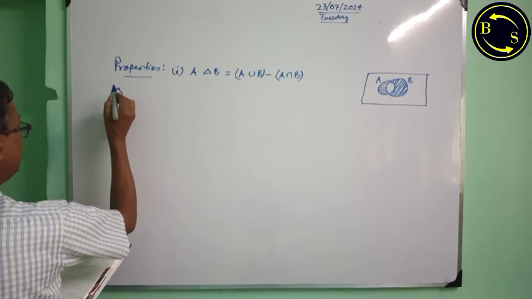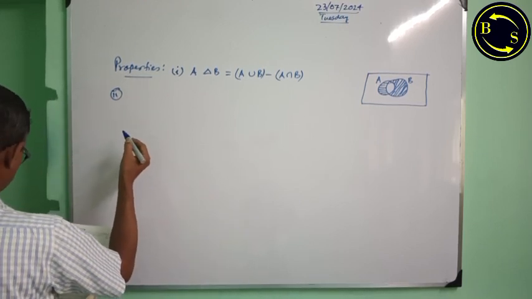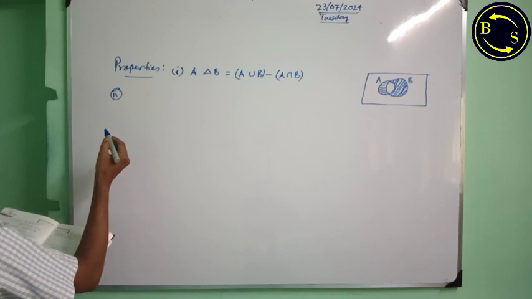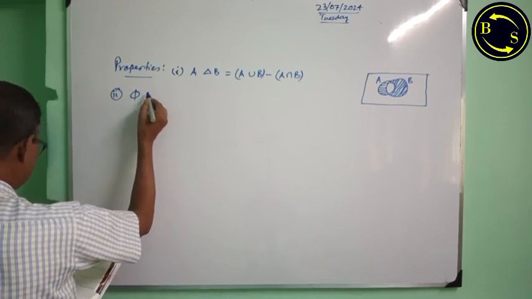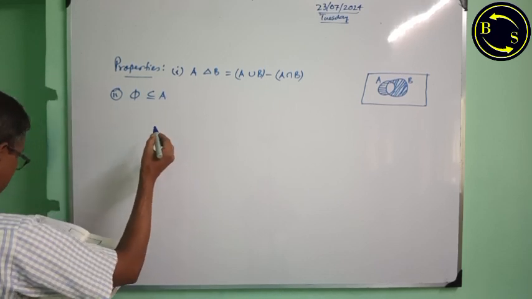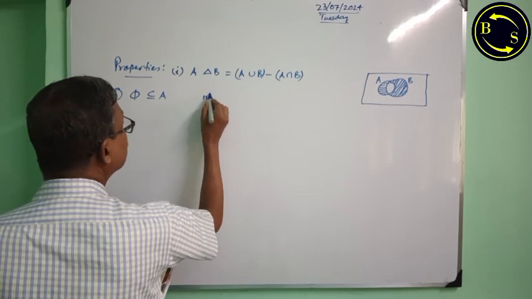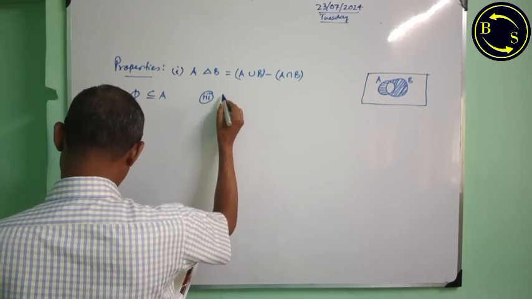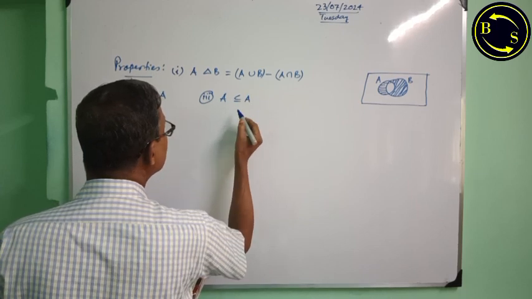Then number 2, null set is subset of any set. Number 3, any set is subset of itself.